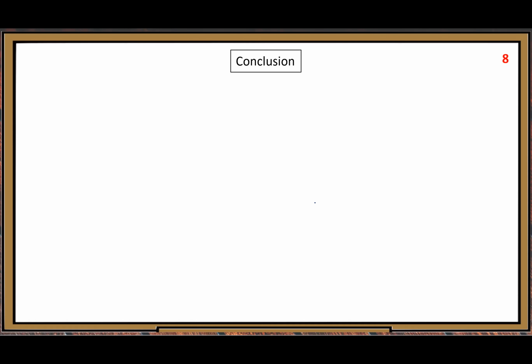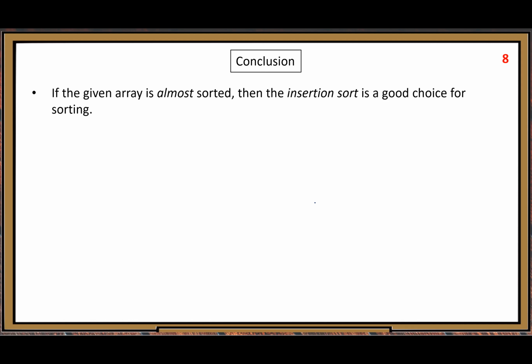Now, conclusion. For this algorithm, look at that best case, so unique, so good, linear, big theta of n. We want to take advantage of that. So what is the conclusion?